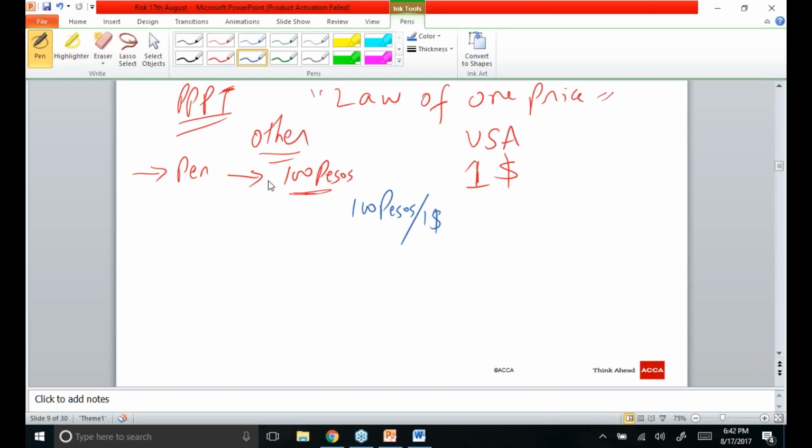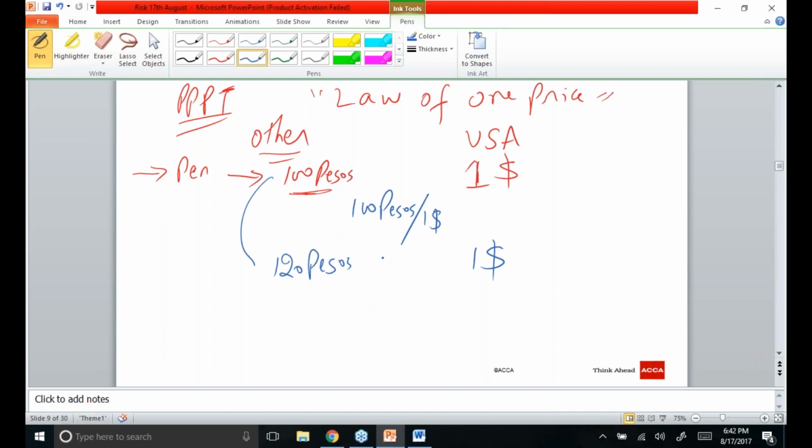Okay, we know that the prices of commodities increase over time. That is called inflation. In the other country, the price of that pen increased to 120 pesos. But in USA, it has still the same price of $1. Now your law of one price will not hold?